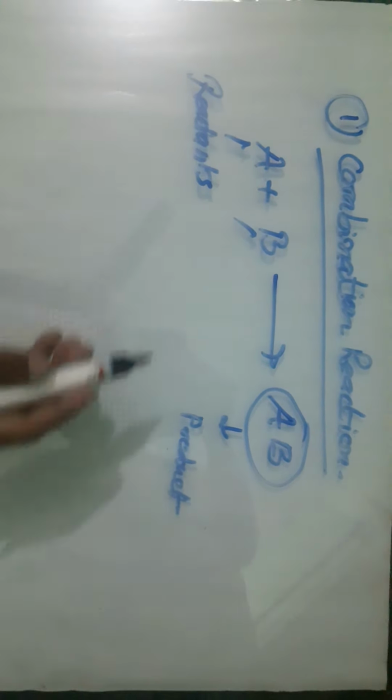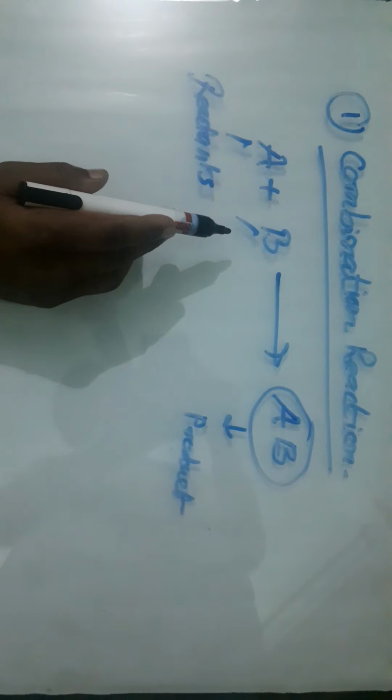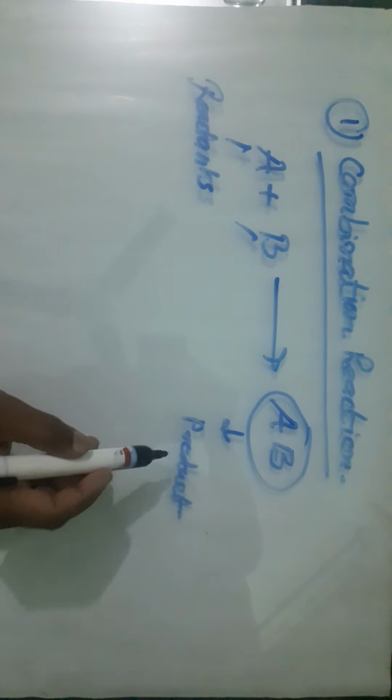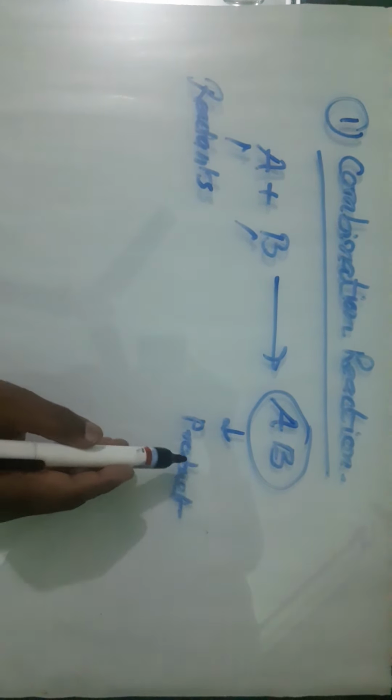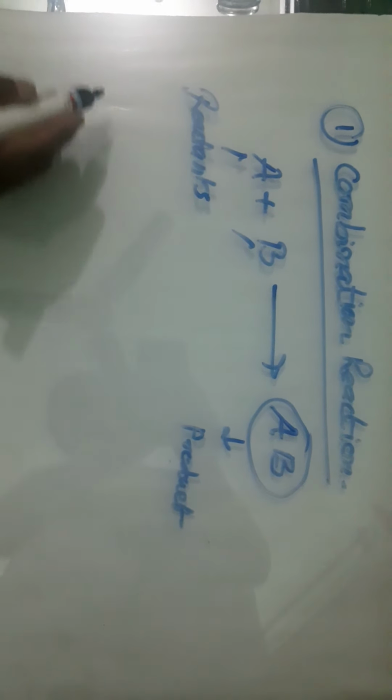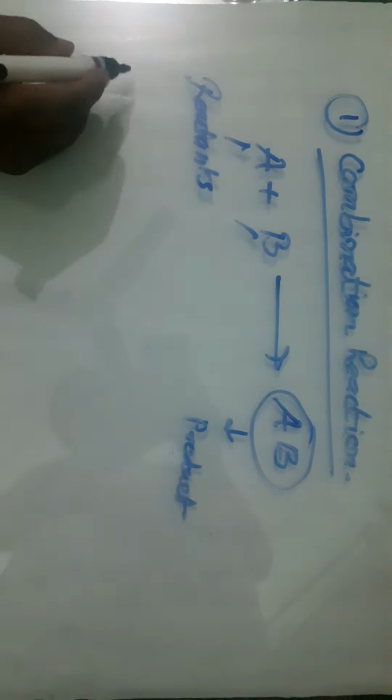Here A and B are the reactants which react together to form AB, the product. So it is the simple representation of a chemical combination reaction. We are discussing some examples which are given in your NCERT books.